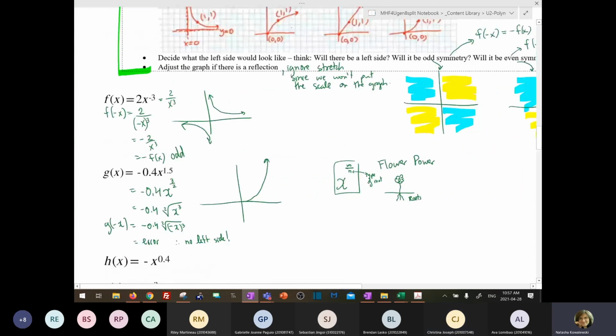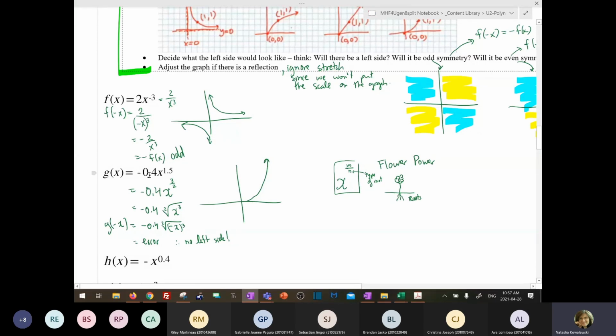So we drew the right side, but we're not going to draw anything on this side at all, because it's not part of our domain. We can't stick a negative into this equation.